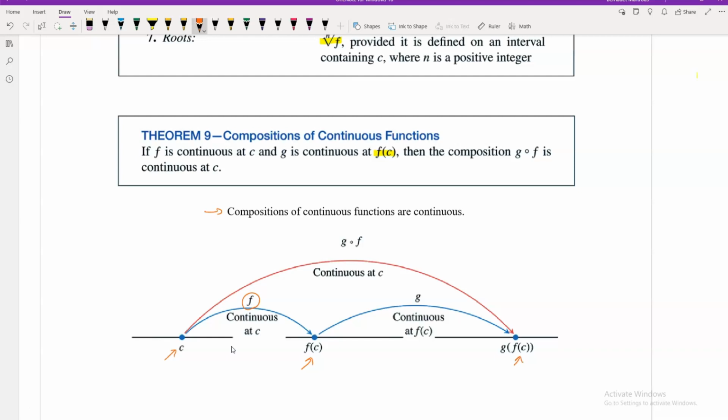And also here, what we have on top is g of f. So g of f of x, instead of x, if I use c, that means the composition of these two functions is continuous at c. So again, we're going to have this part, g of f of c.